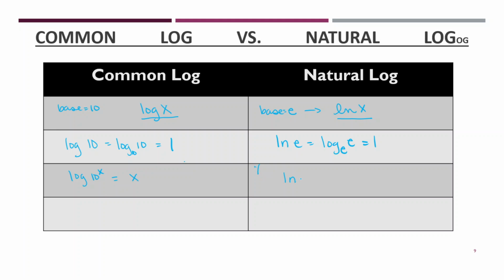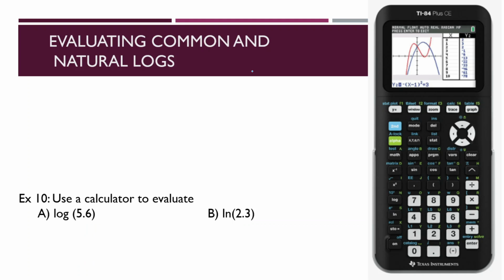And the same thing here, if I take natural log of e to some power, it's just going to end up being that exponent. Okay? And logs always, if I put in a 1, I will output a 0. So they follow the same sort of rules. They're going to have the same sort of shape.